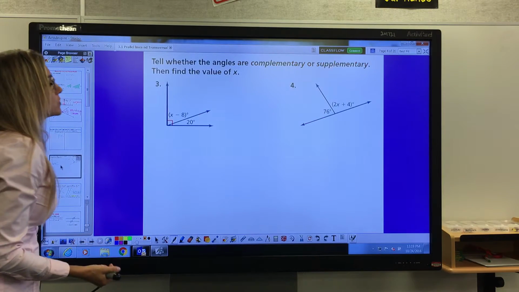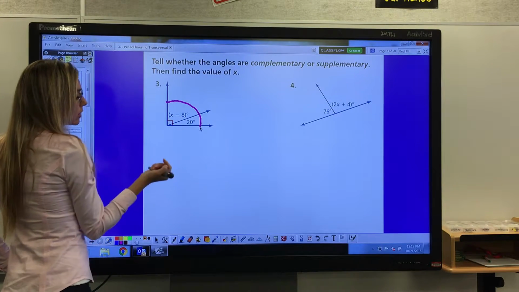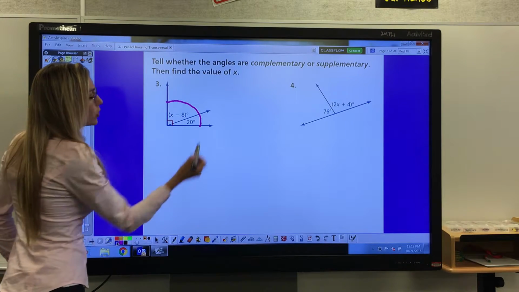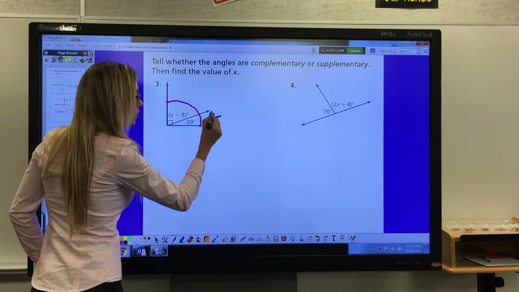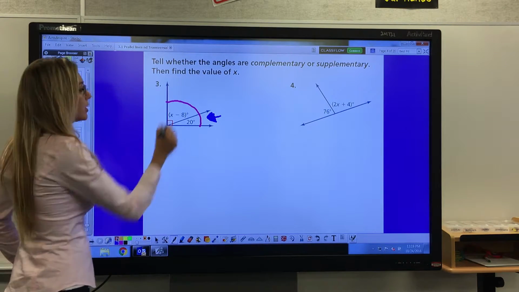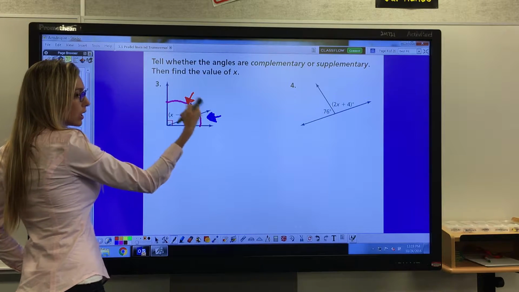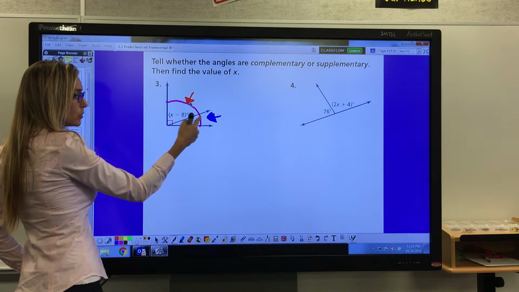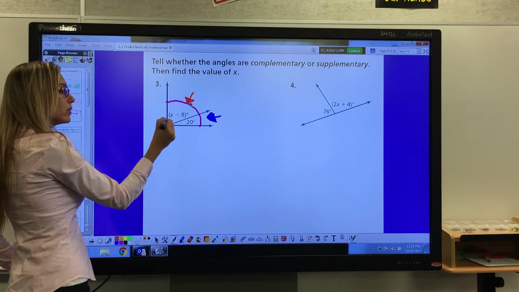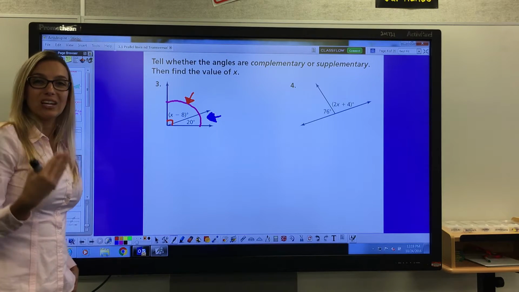Let's look at some examples. These 2 angles in here, I'm sure you can see that I have one angle that's formed in here and another angle in here. These 2 angles, the one with the blue arrow and the one with the red arrow, are creating a 90-degree angle.